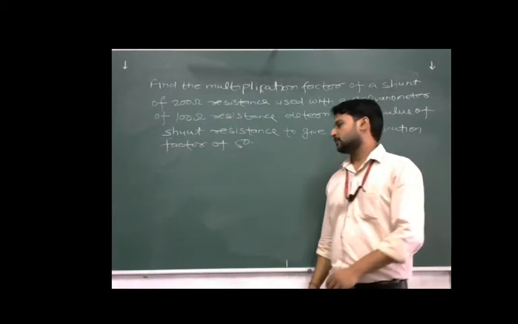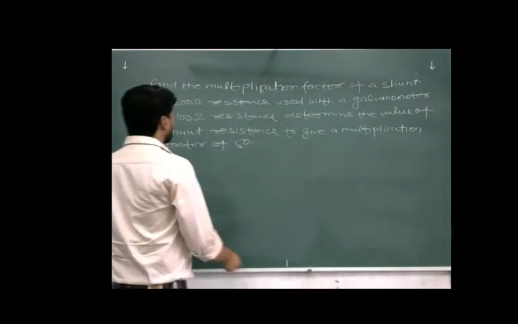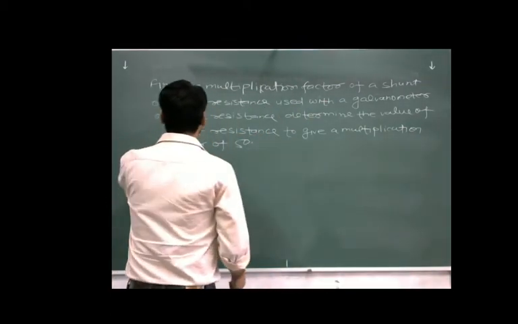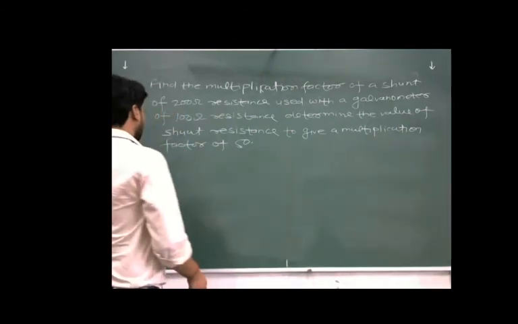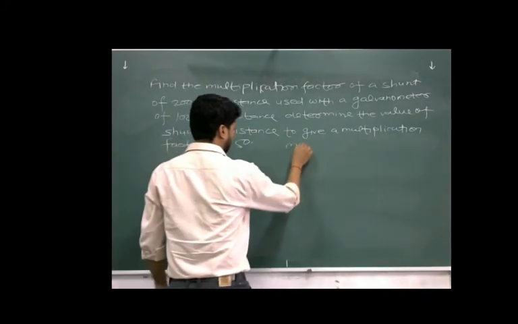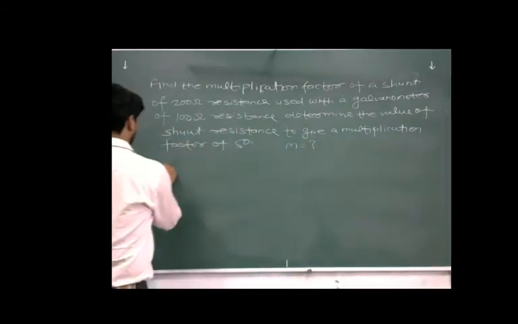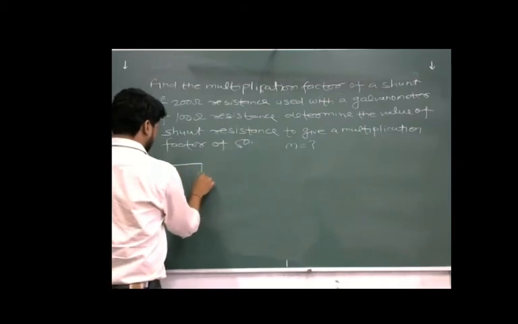So, moving to the first part, if RSH is given and Rm is given, by using these two values we have to find the value of the multiplication factor. Here the instrument is given like this.